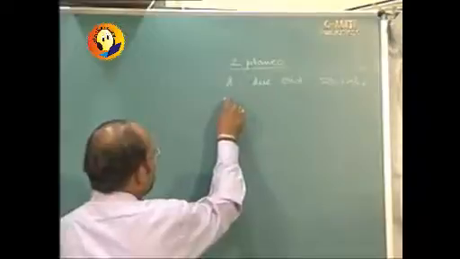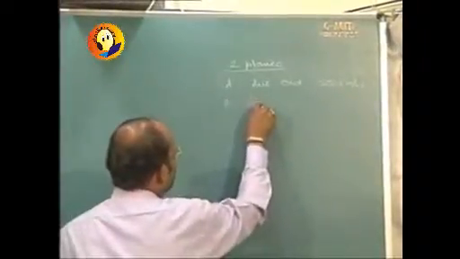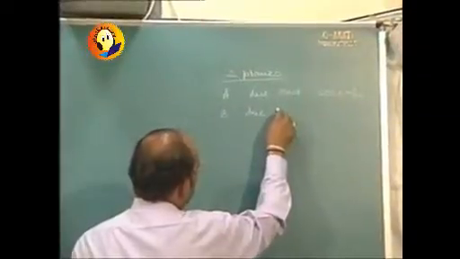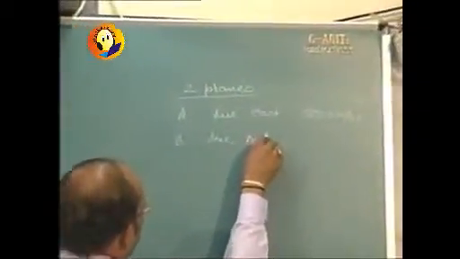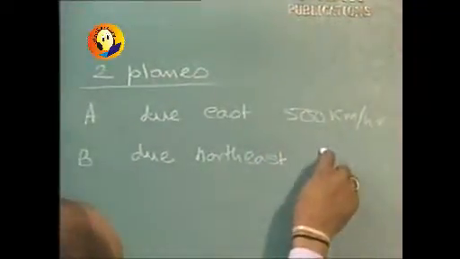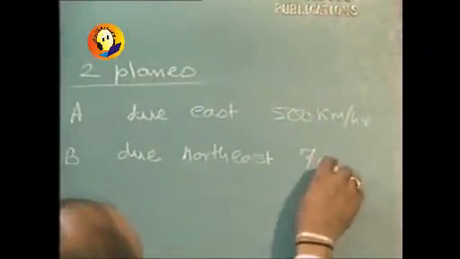Plane B is moving due, say, northeast with a velocity of 700 kilometers per hour.